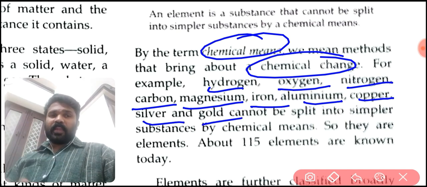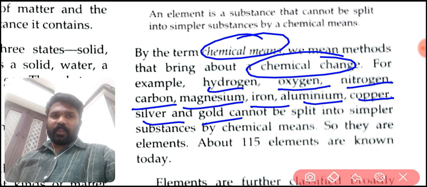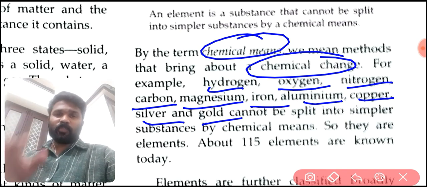These elements cannot be split into simpler substances by chemical means. That's why these are called elements.